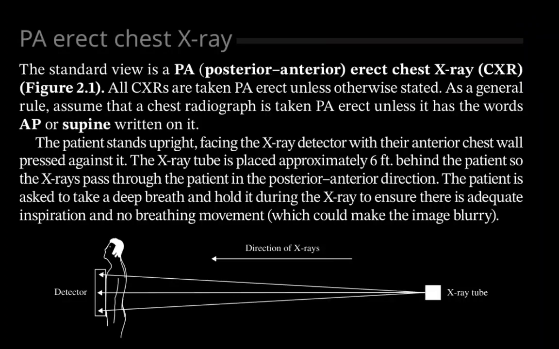The patient is asked to take a deep breath and hold it during the X-ray to ensure there is adequate inspiration and no breathing movement, which could make image blur or image artifact. Here is the X-ray tube, this is the patient, and the detector is the film adjacent to the patient's chest.